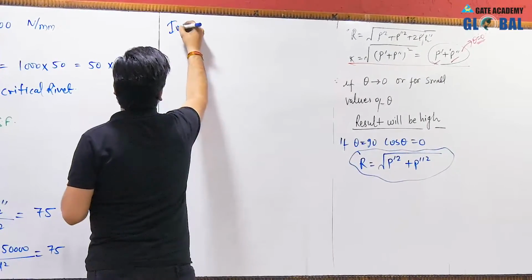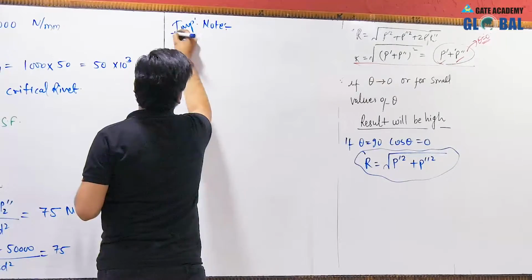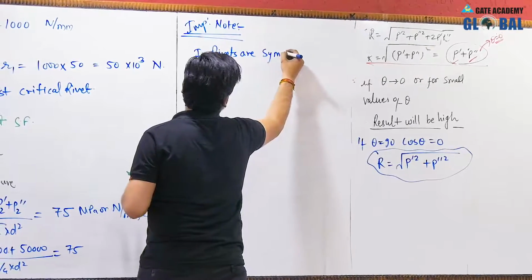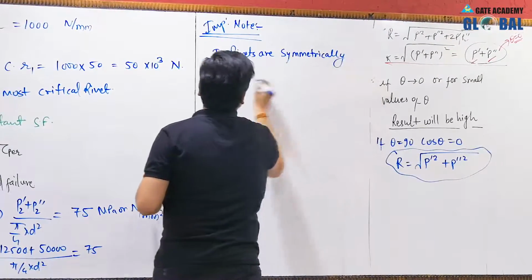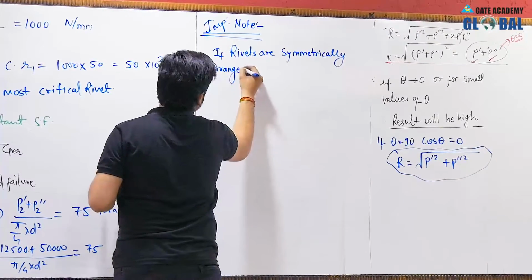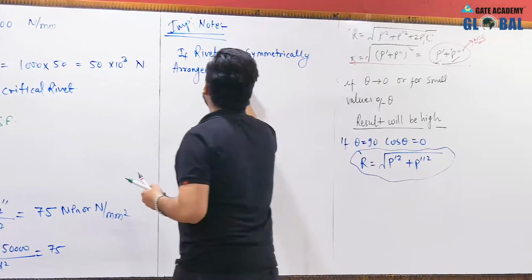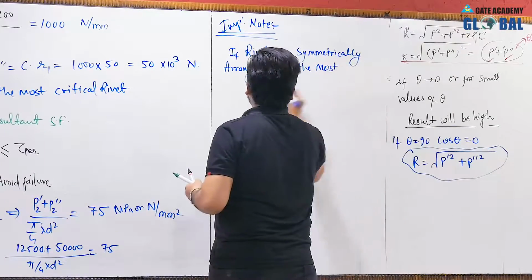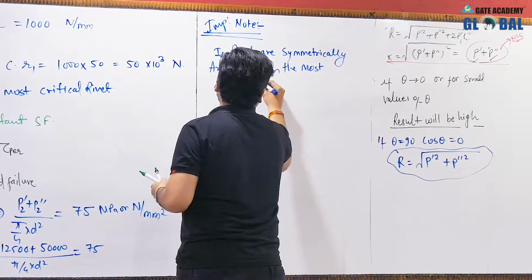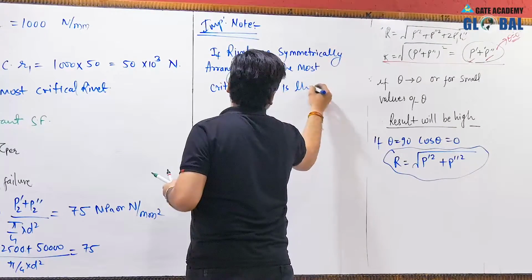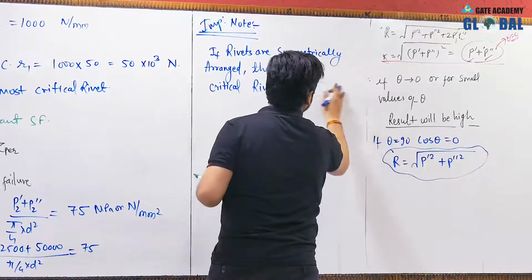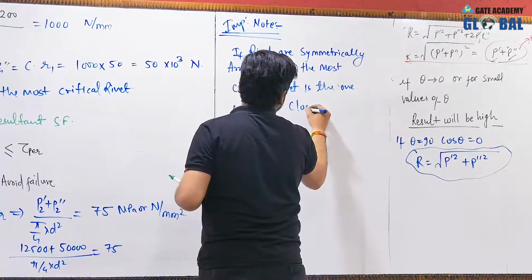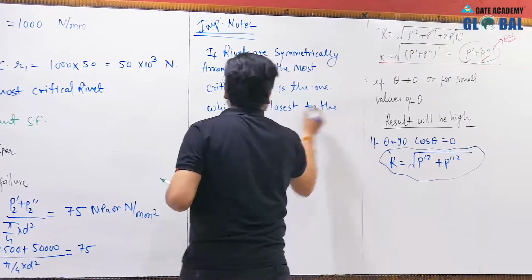So note down, it is very important: if the rivets are symmetrically arranged, then the most critical rivet is the one which is closest to the line of action of the load.